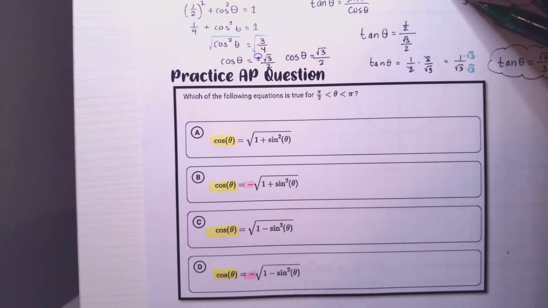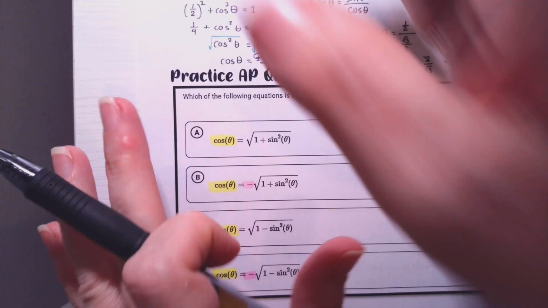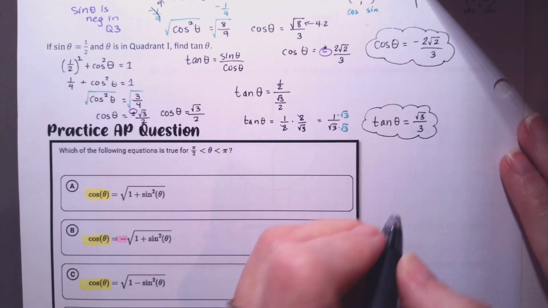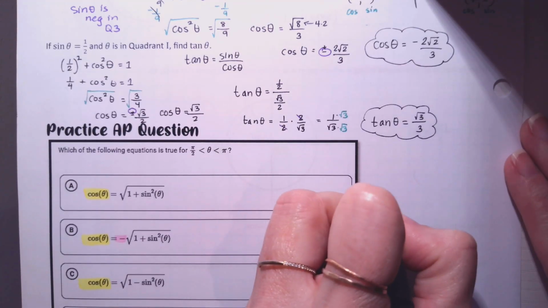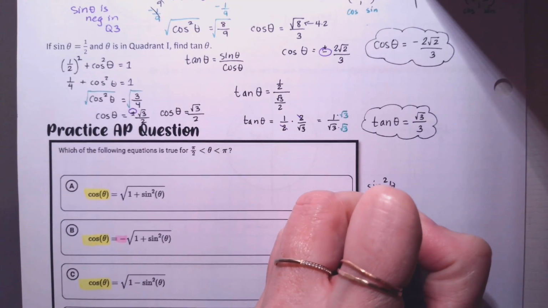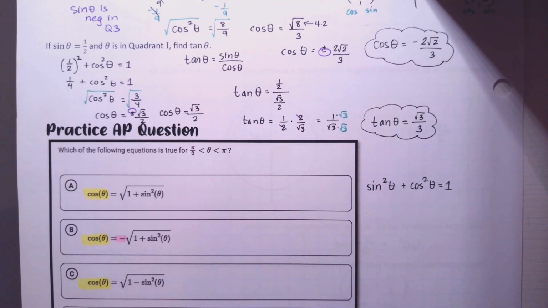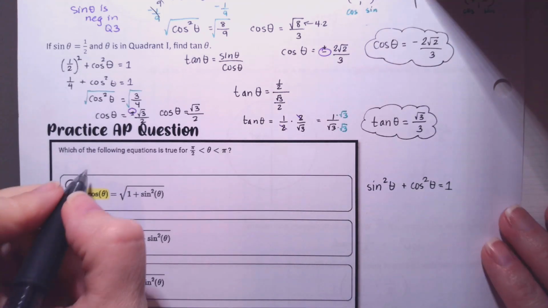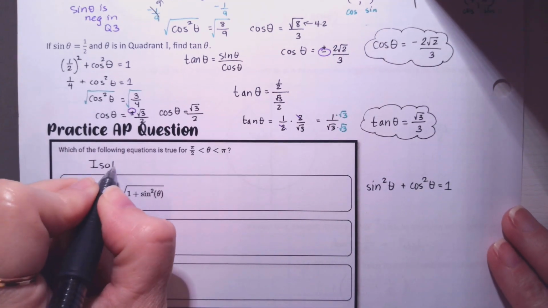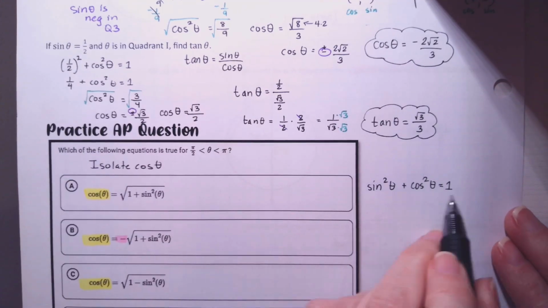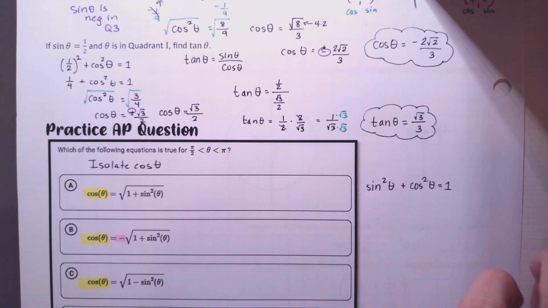I'm going to start with my normal Pythagorean identity formula: sine squared theta plus cosine squared theta equals 1. Now I'm trying to isolate cosine. You can do it without numbers the same way we did it with numbers.